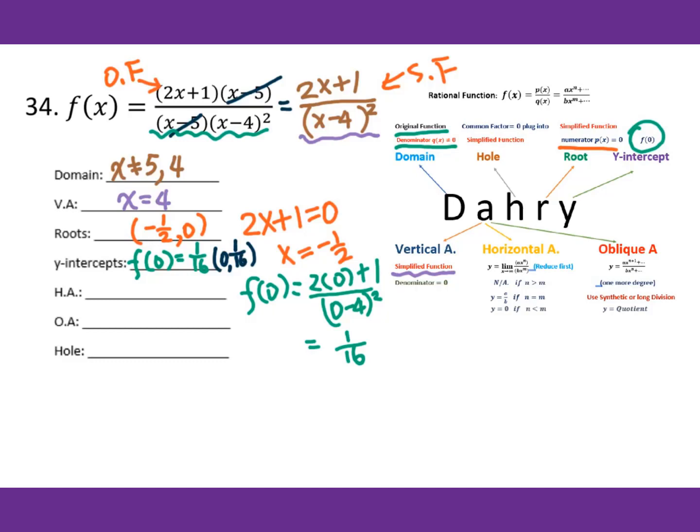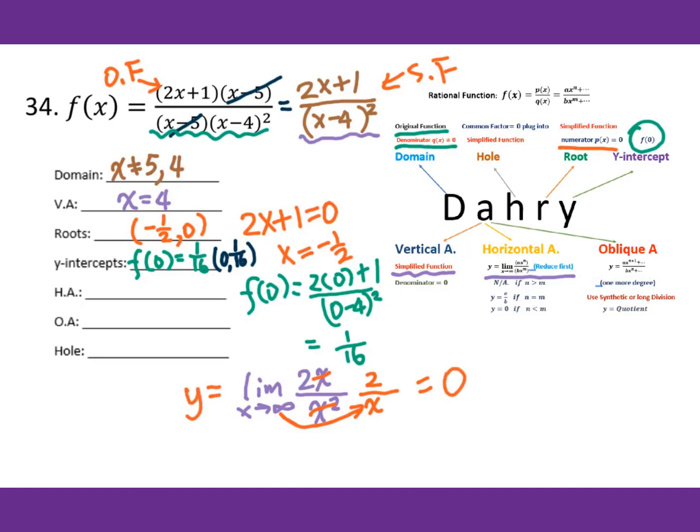For the horizontal asymptote line, using this limit. As x approaches infinity, 2x will be the leading term for the numerator. Denominator will be x squared. Reduce, you will get 2 over x. Then plug infinity into this x. 2 divided by infinity will be 0.